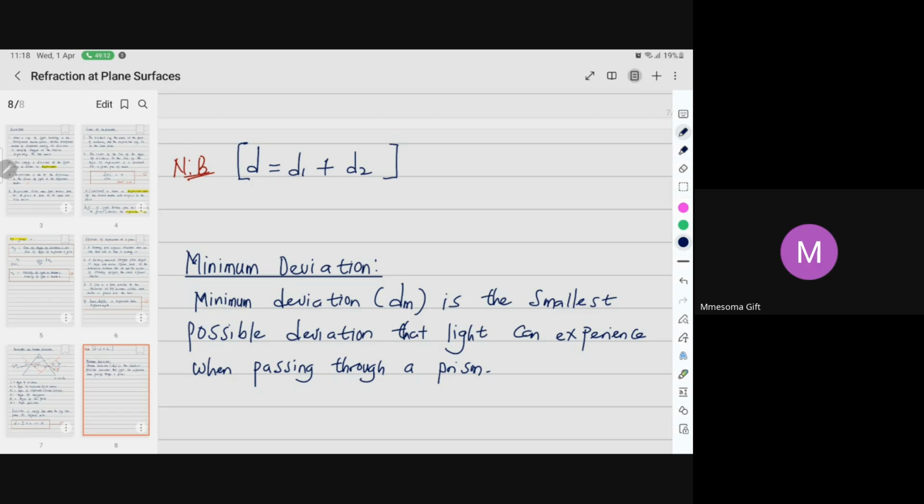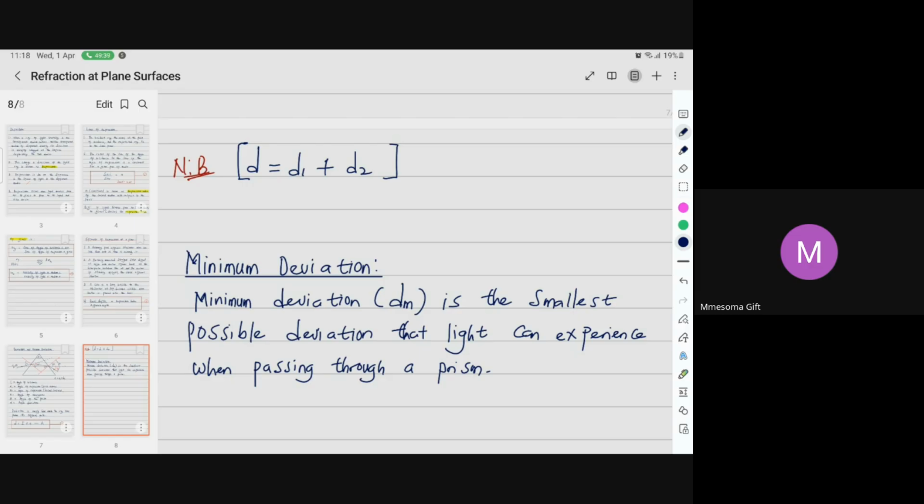Now, there are two conditions for minimum deviation to take place. It happens when the light passes symmetrically through the prism. And what do I mean by when it passes symmetrically? That's the statement you're going to see, right?